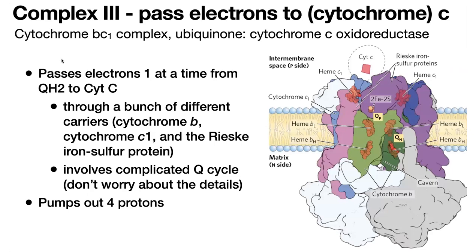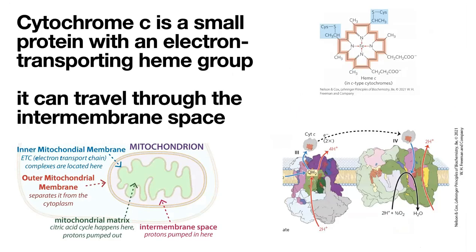Now that we have that ubiquinol, let's go and let's take it further. Let's use it to transfer those electrons to cytochrome C. So cytochrome C, remember, that was going to be kind of like our relay protein.